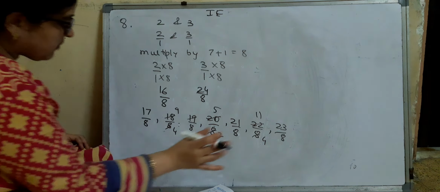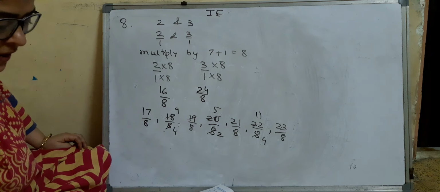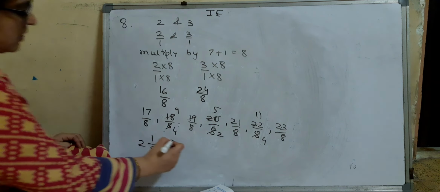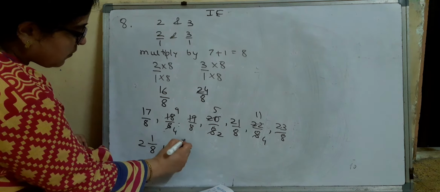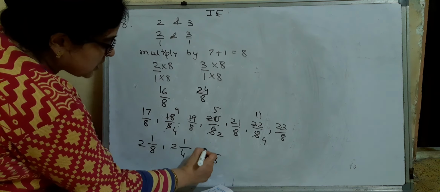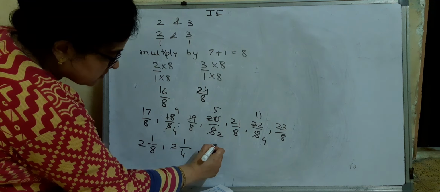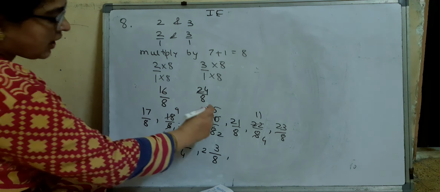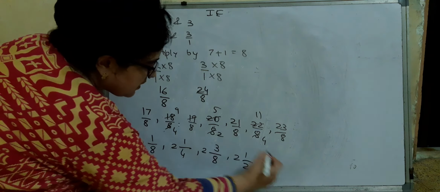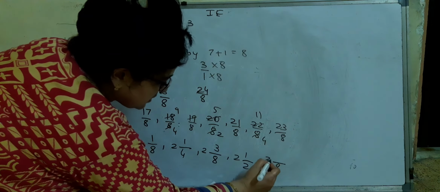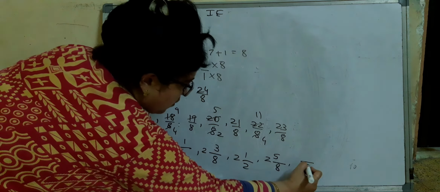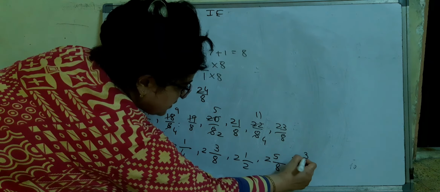Now these are all improper fractions, so convert them into mixed fractions. 17 upon 8: 2 eights are 16, remainder 1. 9 upon 4: 2 fours are 8, remainder 1. 19 upon 8: 2 eights are 16, remainder 3. 5 upon 2: 2 twos are 4, remainder 1. 21 upon 8: 2 eights are 16, remainder 5. 11 upon 4: 2 fours are 8, remainder 3.